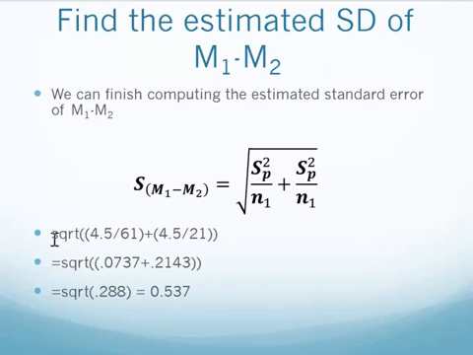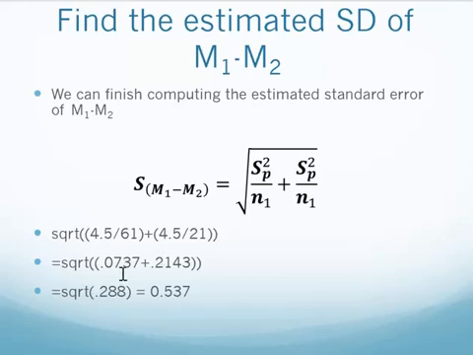Now this is what you could key into your calculator, or you could type that directly into Excel. You could do the whole thing all in one shot. Here's me breaking it up into steps. So 4.5 would go here, and we divide that by 61 because that was the sample size of the first sample.